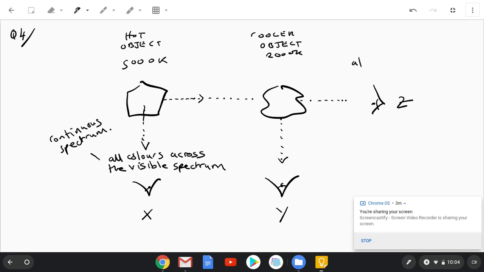So that an absorption spectrum is observed by the person at Z.